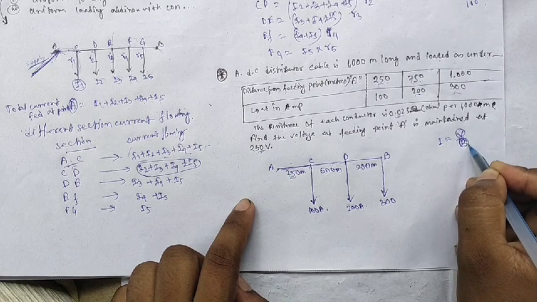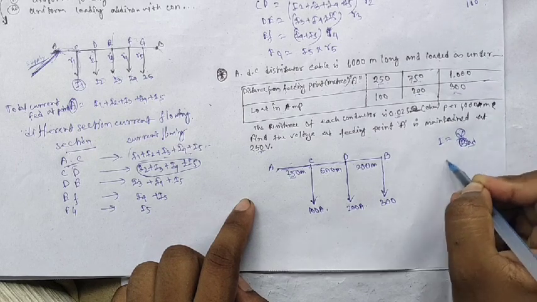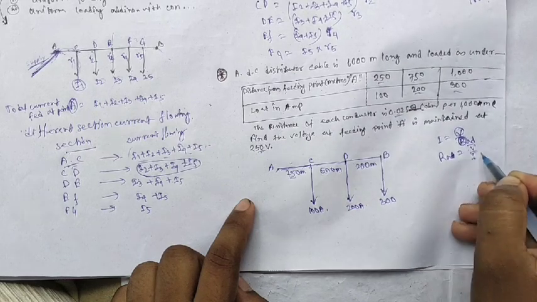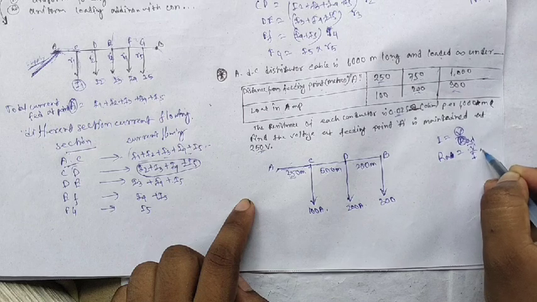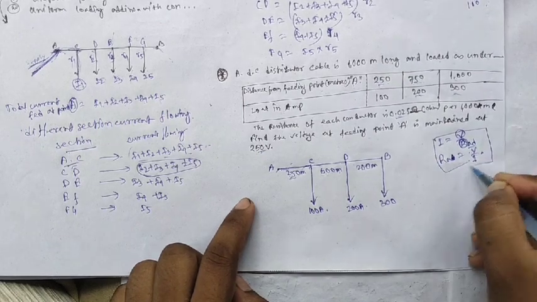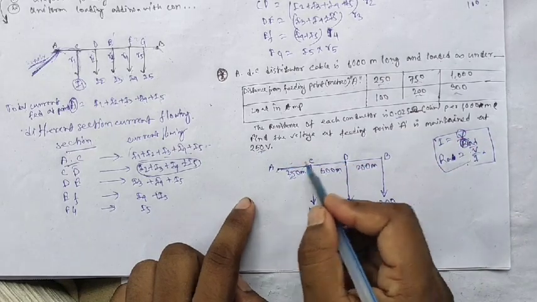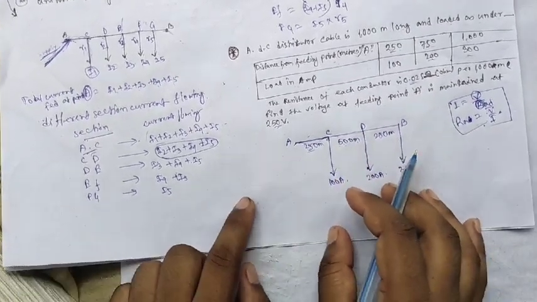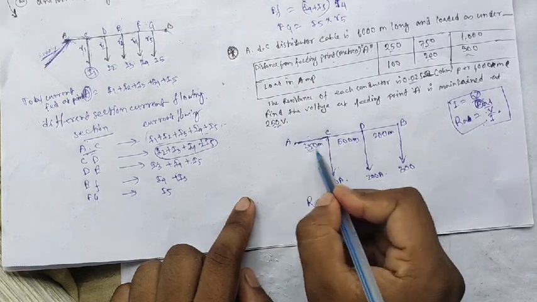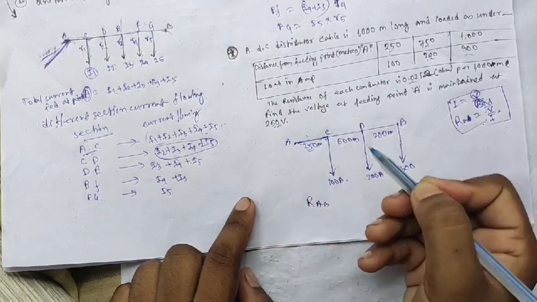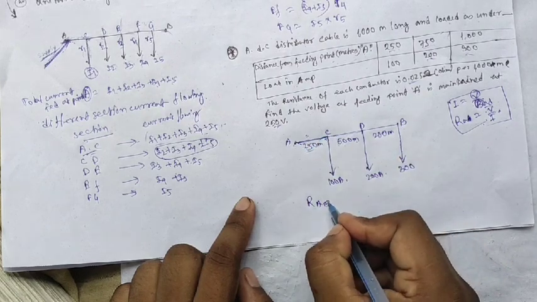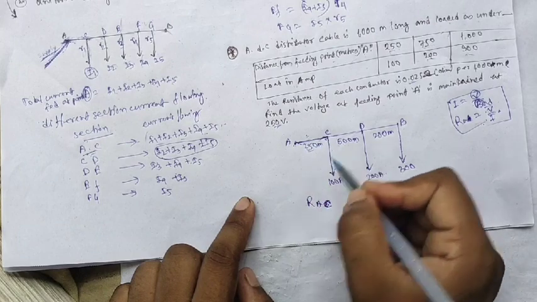Okay, R is needed, so R is V by I. Okay, V by I. In this process we can also calculate the resistance value of this portion. So first of all we calculate RAC, that means the resistance of this portion.